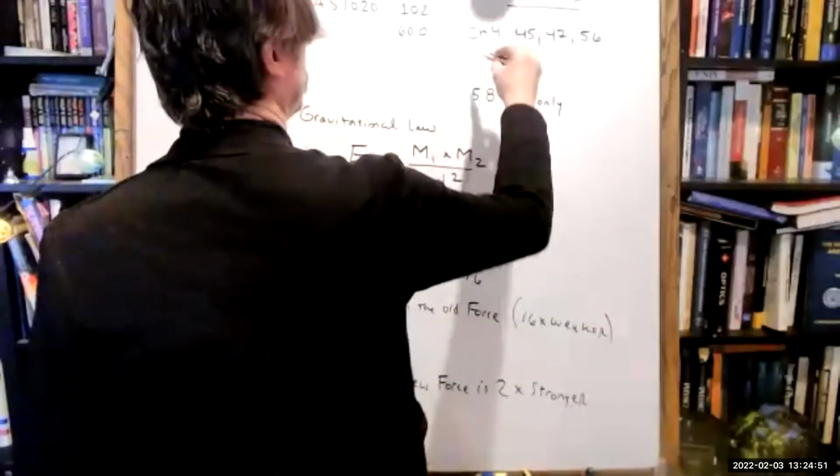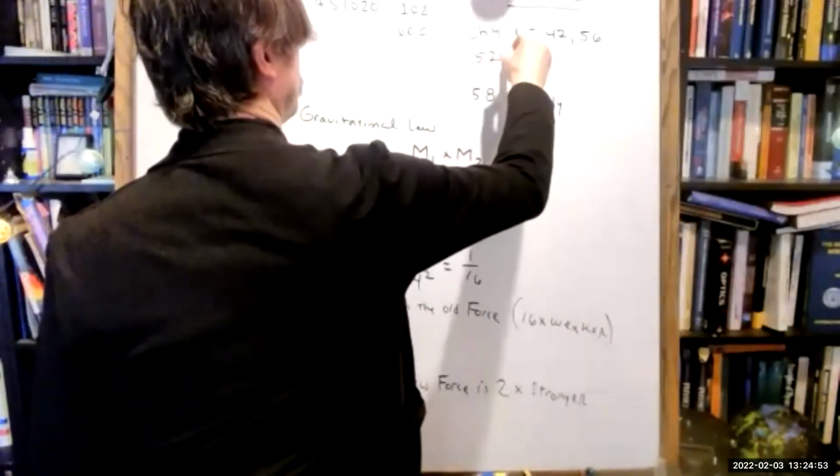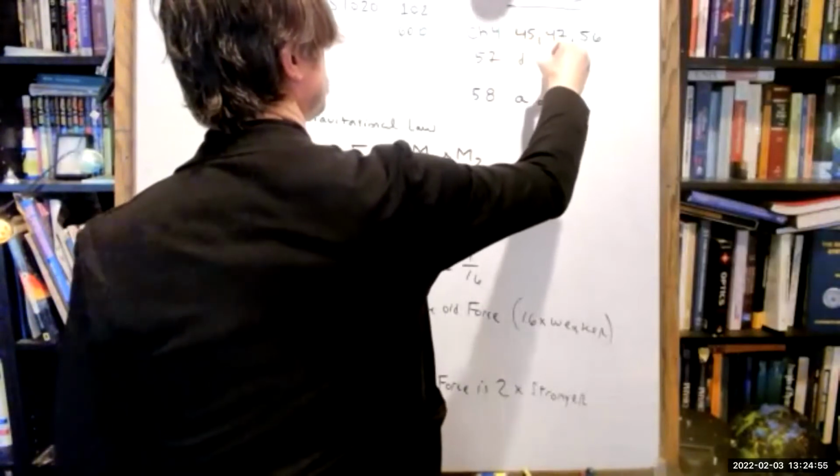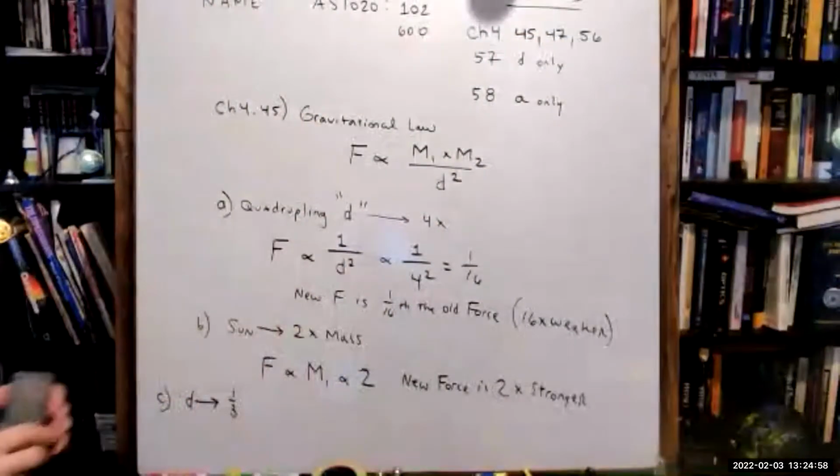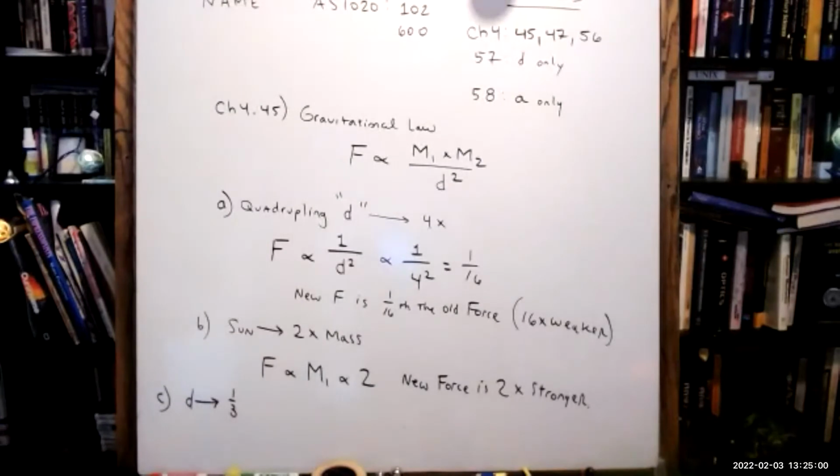Okay, so how do we write our proportionality argument? I can see that I'm going to run out of space here, so I'm going to erase all of this.